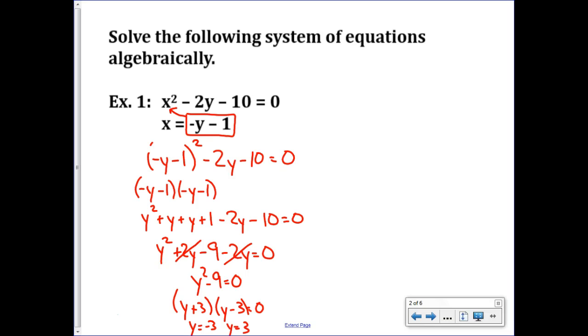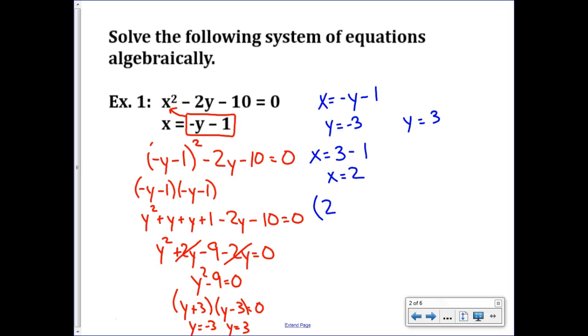Then if I have two y values, I know that I'm also going to have two x values to go along with that. So I'm going to use this x equals the opposite of y minus 1 and plug in for y equals negative 3 and y equals positive 3. So x equals the opposite of negative 3 is 3 minus 1, so x equals 2.